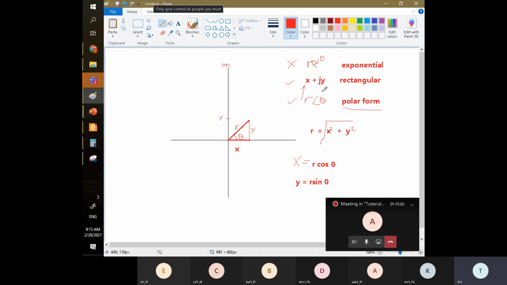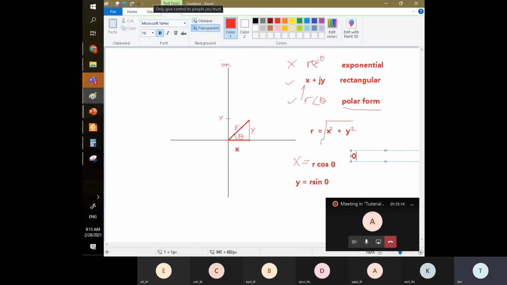How about the angle? If you convert from here to here, how do you find the angle? The angle uses the tangent, the inverse tangent. The angle is equal to the inverse tangent of the imaginary over the real, y over x.